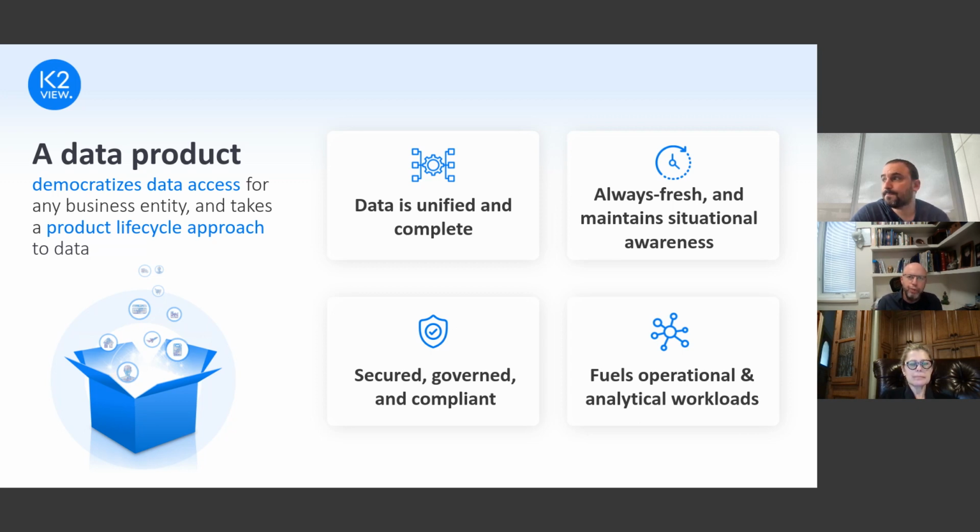We unify all the information across all your source systems and create a holistic view of this business entity. Then, of course, we secure and govern this data product using tokenization, data masking, data encryption, etc. We keep it always fresh, and we deliver fresh data to all the consuming applications. And finally, this is a foundation that allows us to support both operational and analytical workloads.